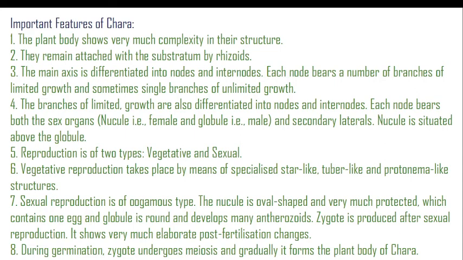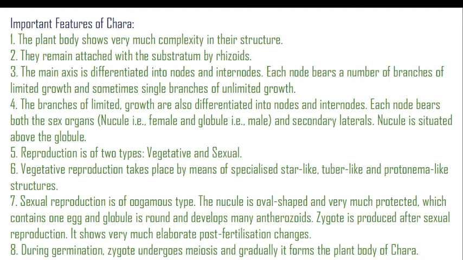Each node bears a number of branches of limited growth and sometimes single branches of unlimited growth. The branches of limited growth are also differentiated into nodes and internodes. Each node bears both the sex organs, that is, the female called the nucule and the male called the globule, and secondary laterals also. The nucule is situated above the globule.